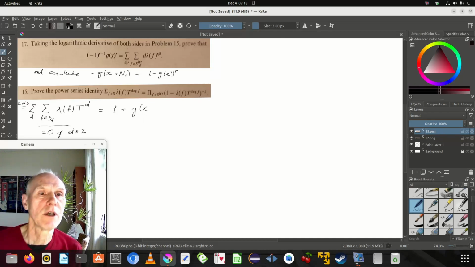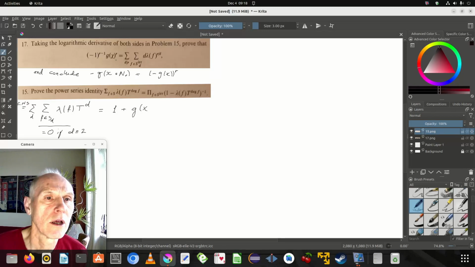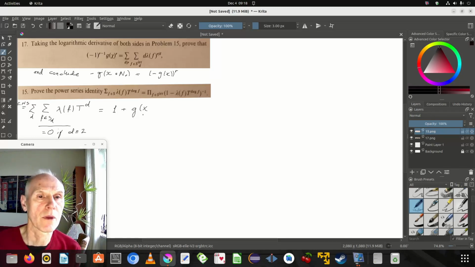And now we have to see what are we working on here? So which space should we be using it on?